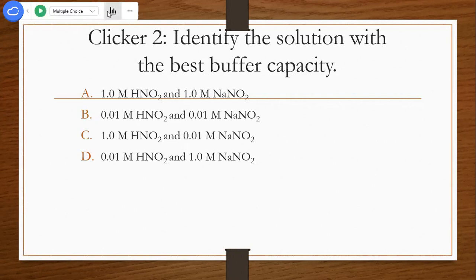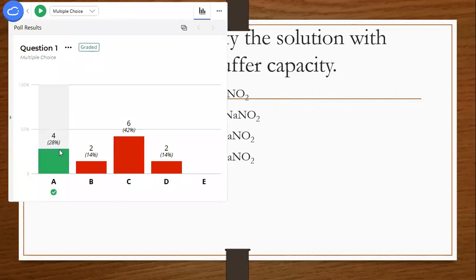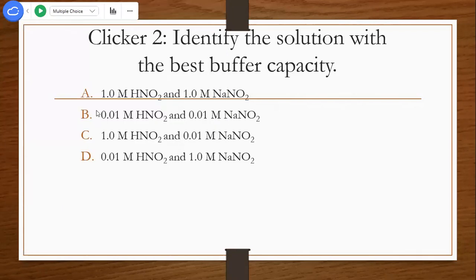Okay, the correct answer should have been A, sadly. 1 molar means that if this is 1 liter, I can take care of 1 mole of acid, and this could take care of 1 mole of base, and this could take care of 1 mole of acid.